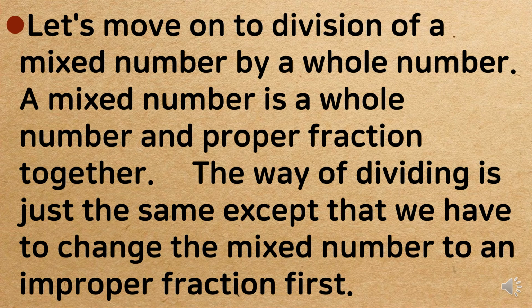Let's move on to division of a mixed number by a whole number. A mixed number is a whole number and a proper fraction together. The way of dividing is just the same, except that we have to change the mixed number to an improper fraction first.